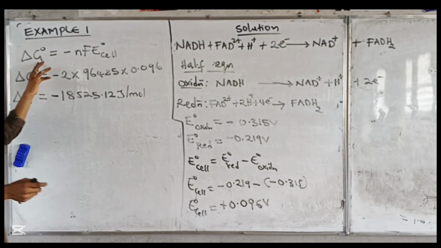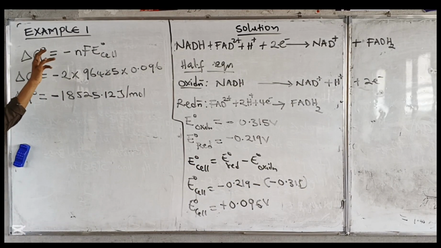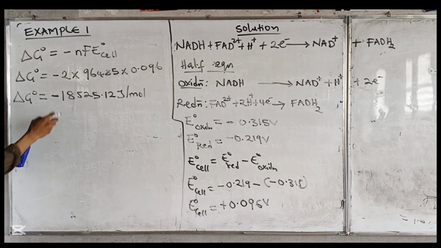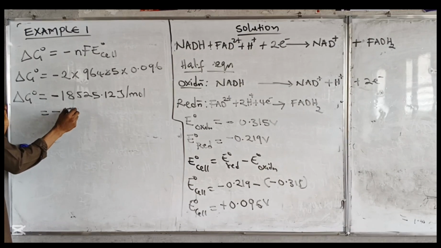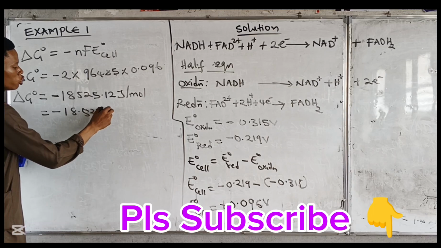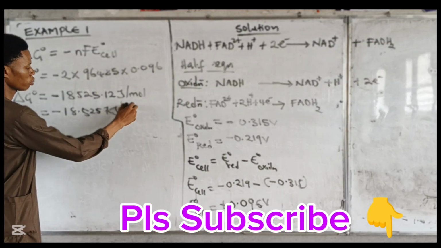Then you substitute your values in this formula: delta G0 equals minus nFE cell. Then you substitute and you get your answer. If you want to put this in kilojoules per mole, this will be minus 18.525 kilojoules per mole.